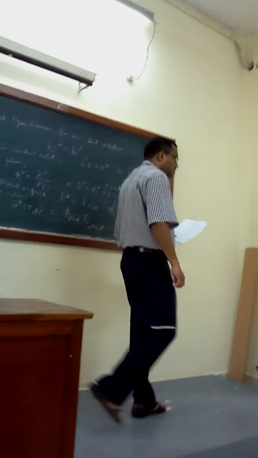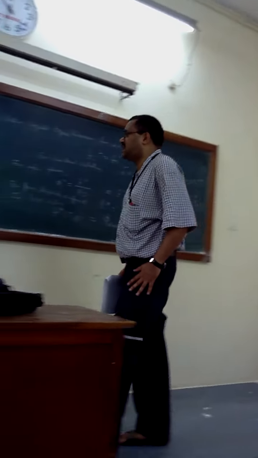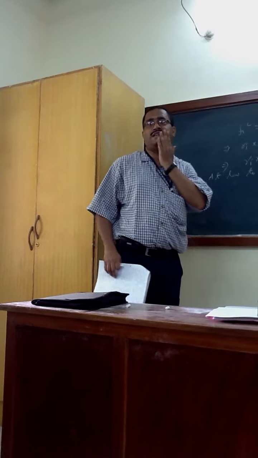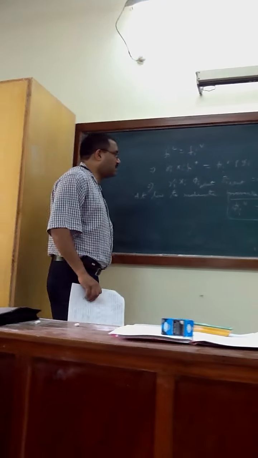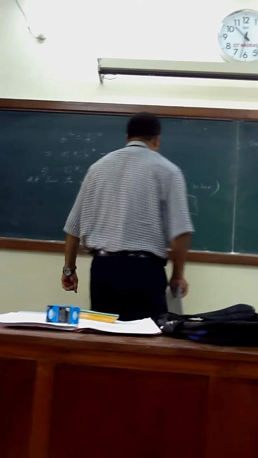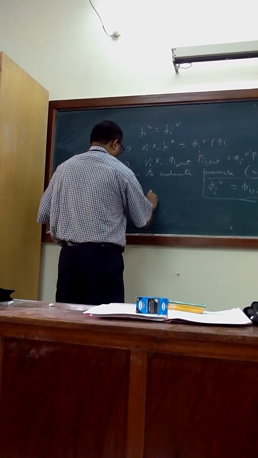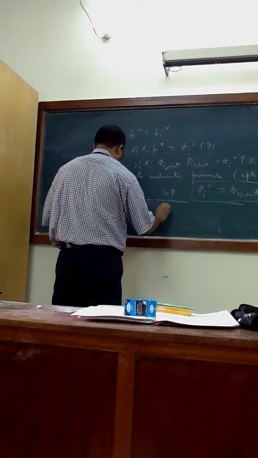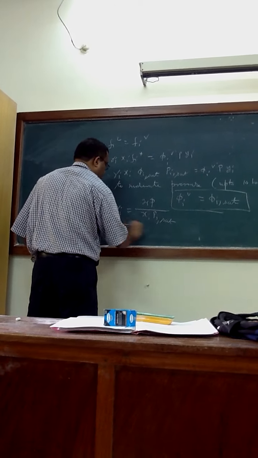Up to 10 bar pressure, phi iV equals phi i sat. With that, we can write gamma i equals yi P divided by xi Pi sat.